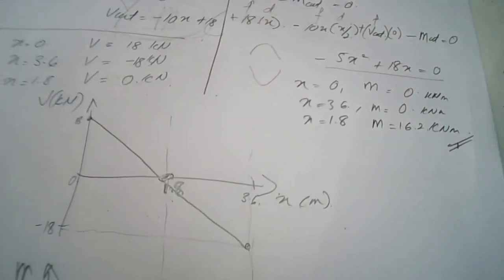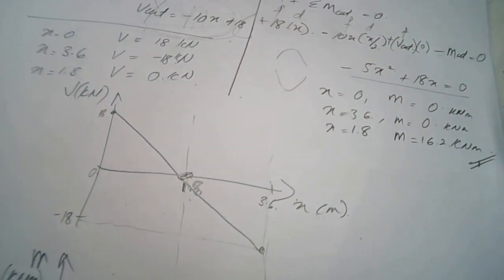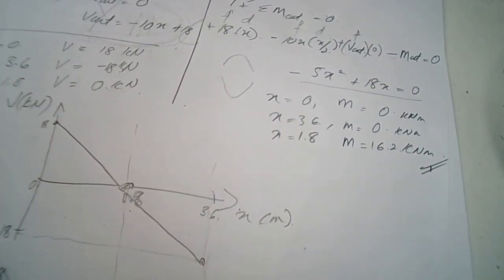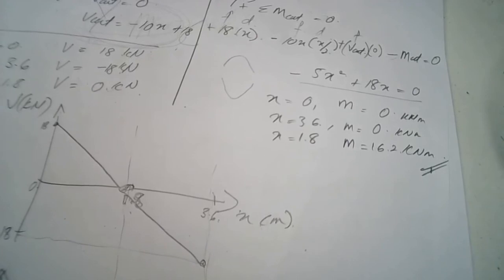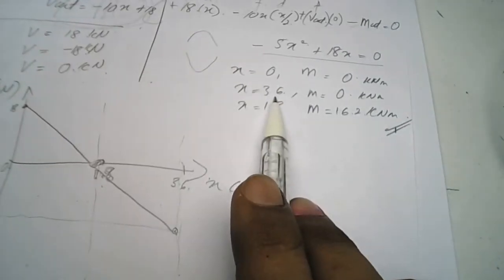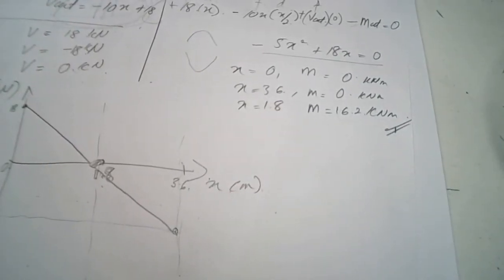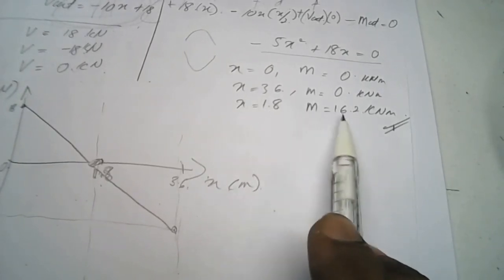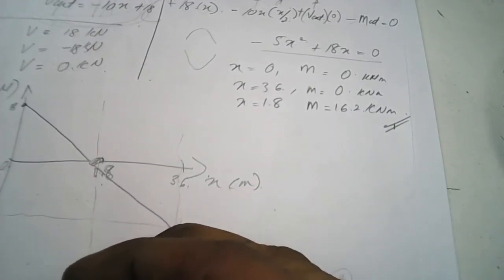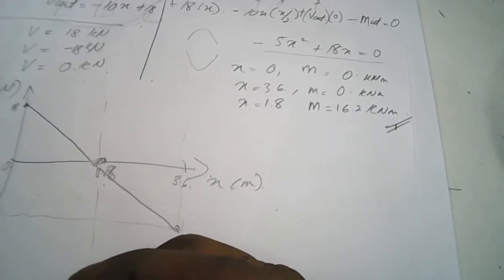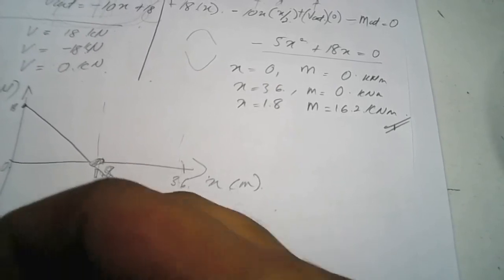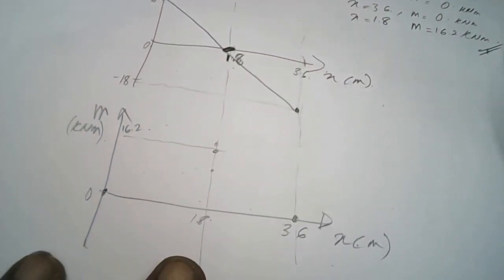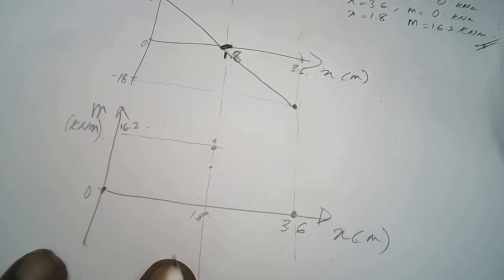At x equal to 0, the moment is 0. At 3.6, the moment is also 0. And at the point 1.8, we have 16.2.